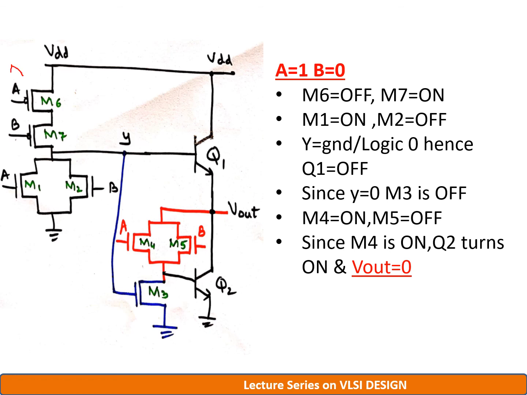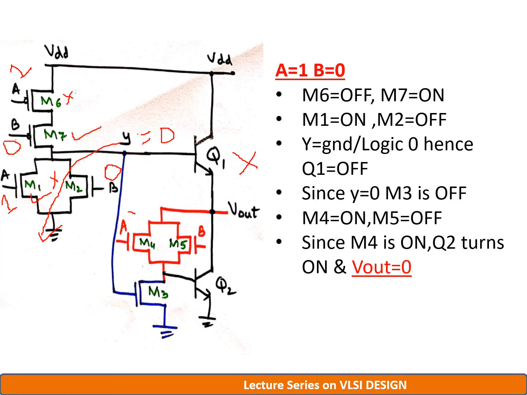Next case, when A is 1, B is 0: M2 off, A is 1, M1 on, M6 off because its gate input is 1, M7 is on because its gate input is 0. So this Y will be shorted to ground through this M1 device, hence Y will attain logic 0 value or 0 volt, and this 0 volt is fed as base input to Q1, hence Q1 will turn off.